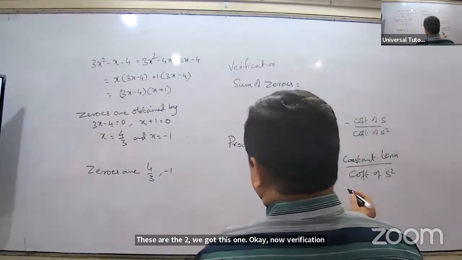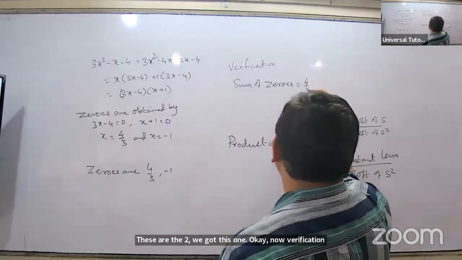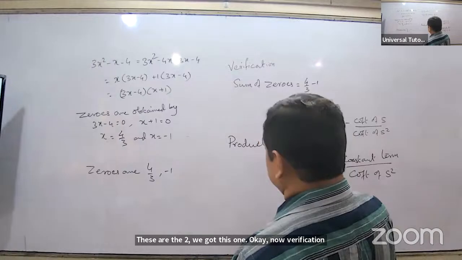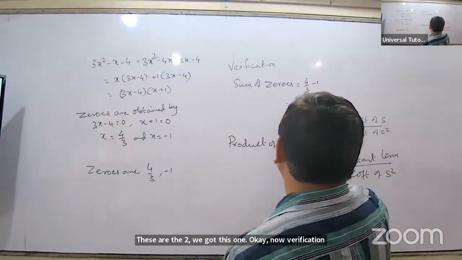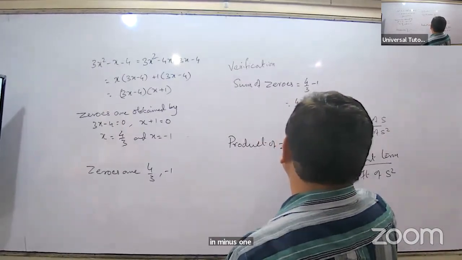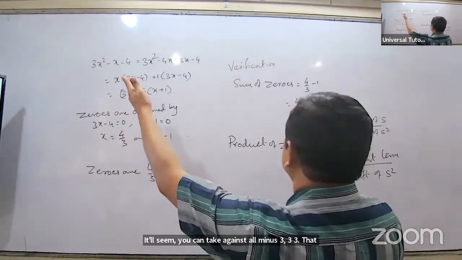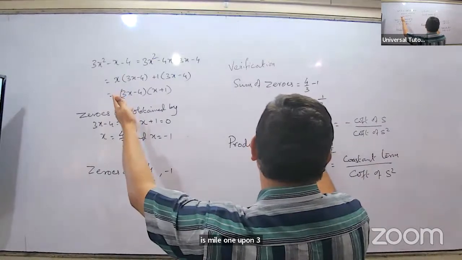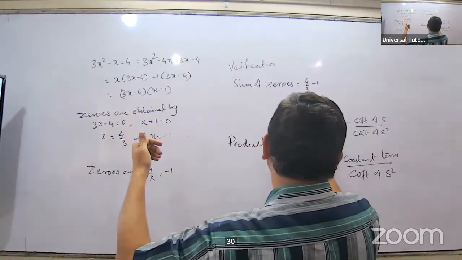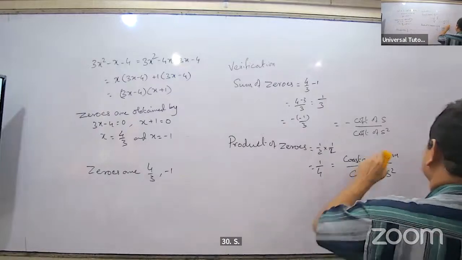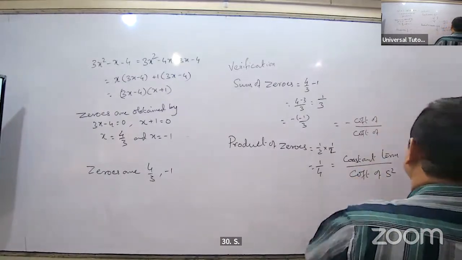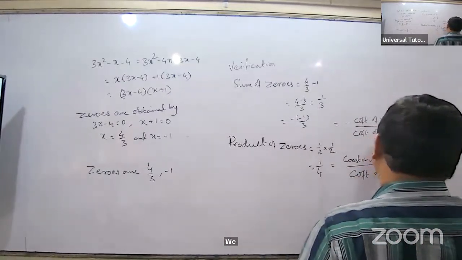Okay, now verification. Sum of the zeros: we will add 4 by 3 plus minus 1, which means minus 1. LCM we can take as 4 minus 3 upon 3. That is 1 upon 3. That is same as minus 1 by 3, which is equal to minus coefficient of x upon coefficient of x square.